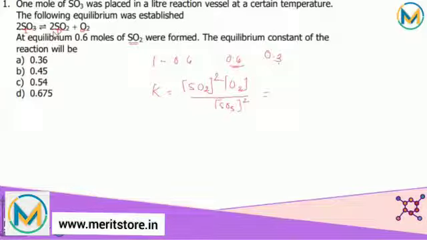Now by putting the values of the concentration, it comes out to be 0.6 the whole square into 0.3 the whole upon 0.4, that is 1 minus 0.6 for the concentration of SO3, the whole square. By solving this, we get 0.675. Hence, the equilibrium constant for the reaction given will be 0.675. Correct answer for this question is option D.